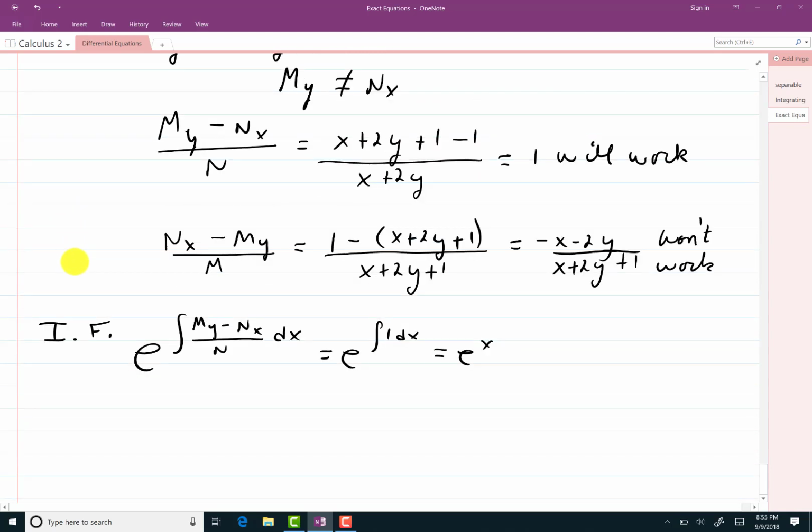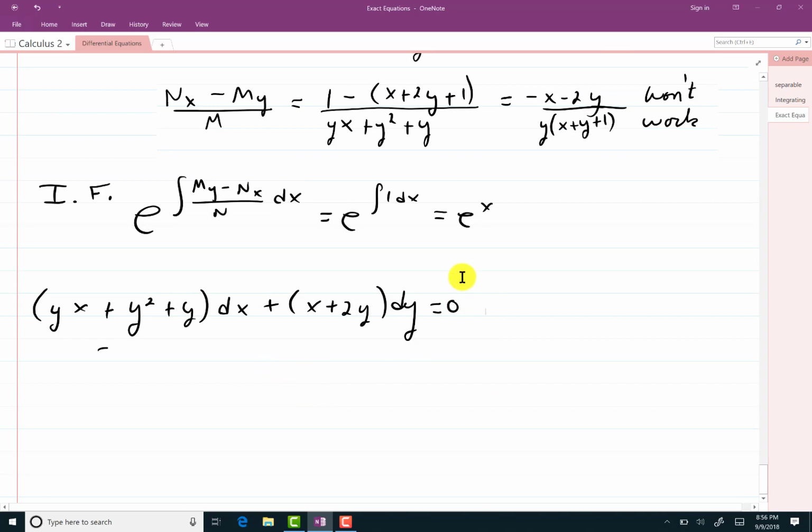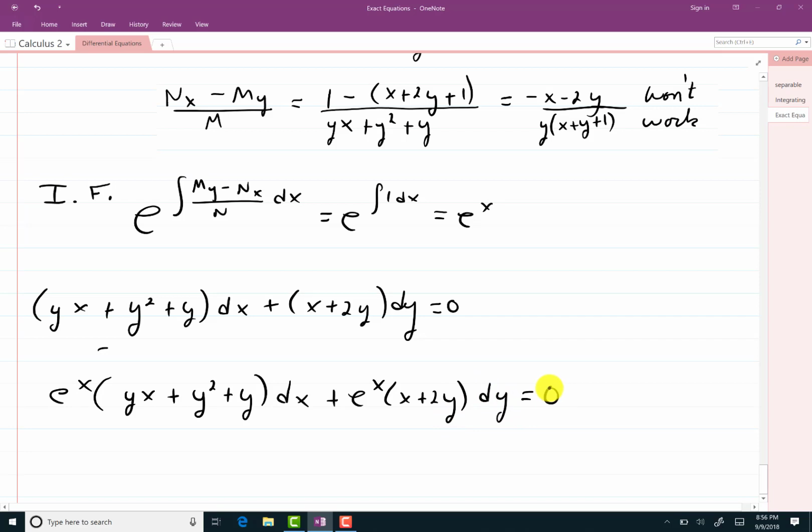So now come back to the original equation. I'm going to multiply everything through by e to the x. So I'm going to get e to the x times (yx + y squared + y) dx plus e to the x times (x + 2y) dy equals 0.